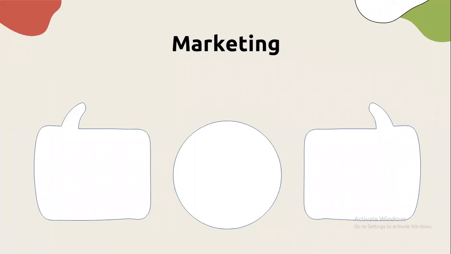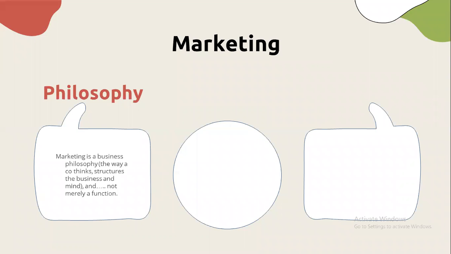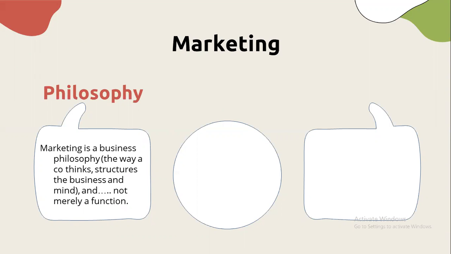So when we talk about marketing, we essentially talk about three key factors. The first one is philosophy. Here, marketing is a business philosophy and it is not merely a function. Philosophy is the way a company thinks or structures the business and mind.